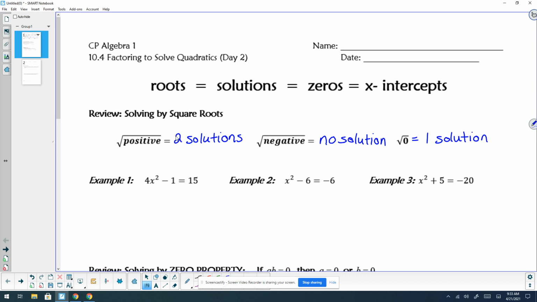One main way to figure that out is if I only have ax squared plus c. If I do not have that middle x term, so an example of that would be this example 1 down here. I have 4x squared minus 1 equals 15. There is no x to the first power term there.